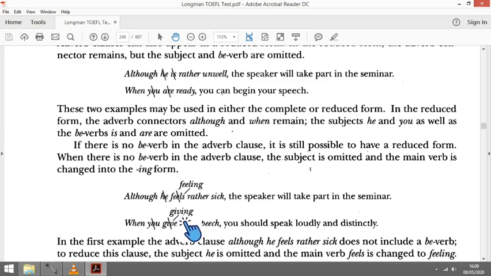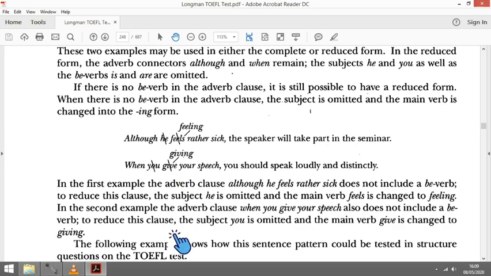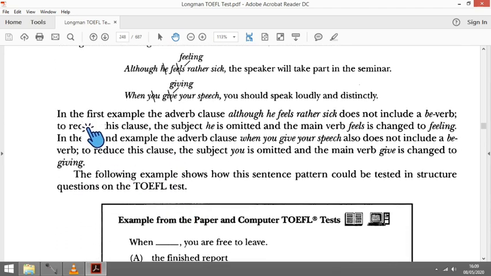In the example adverb clause "although he feels rather sick," there is no be verb. To reduce this clause, the subject he is omitted, and the main verb feels is changed to feeling. In the second example, "when you give your speech," there is no be verb either.